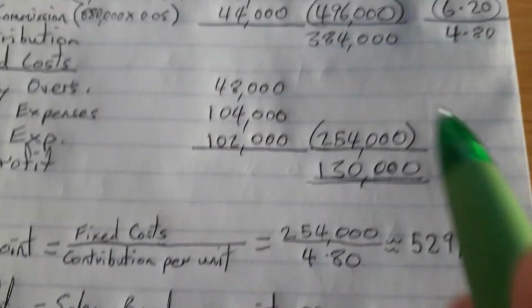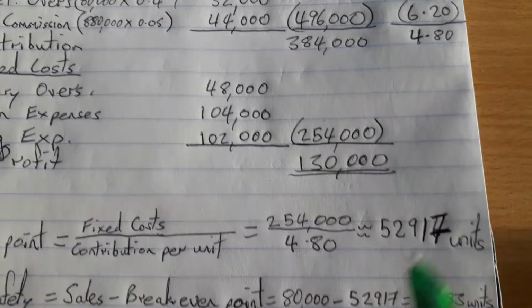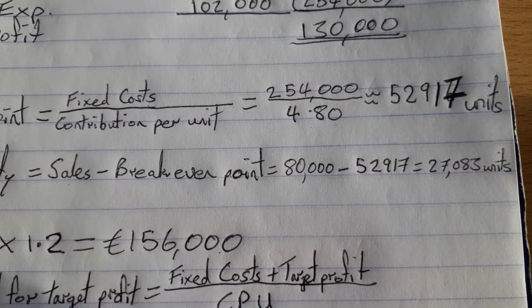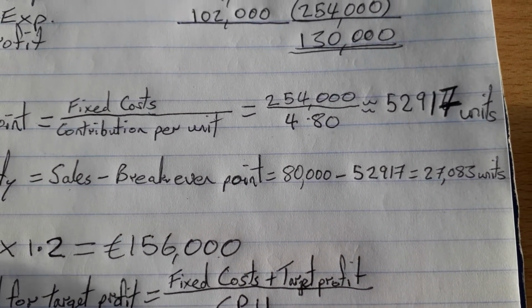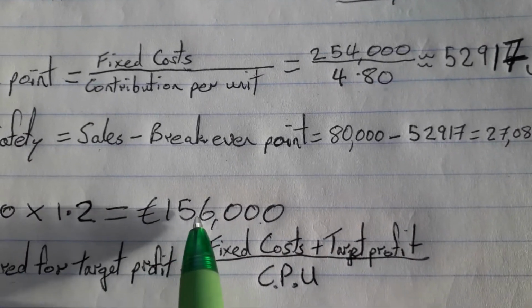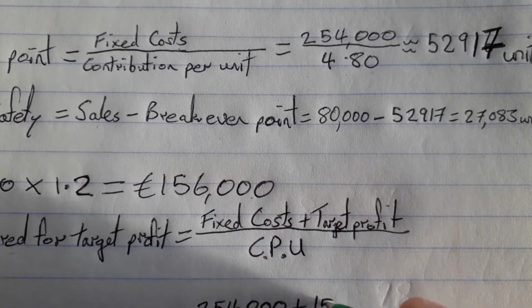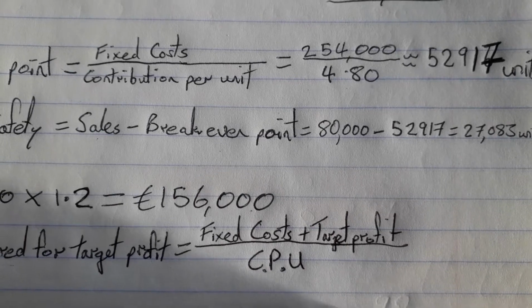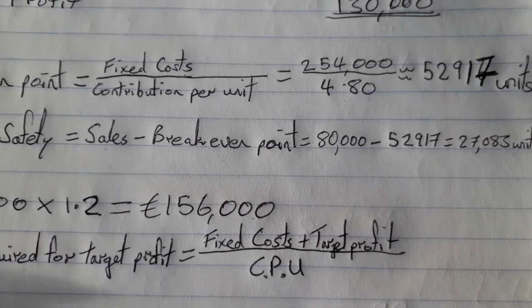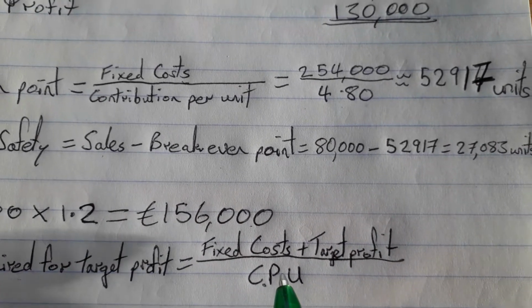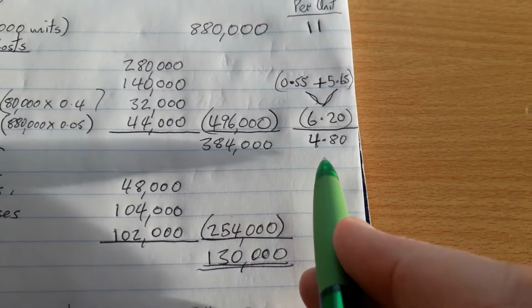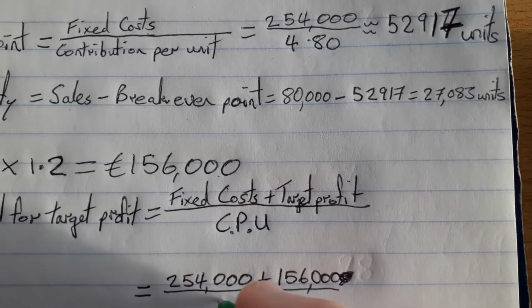So fixed costs, again, total fixed costs were 254,000, plus the target profit we want is 156,000, divided by our contribution per unit again is 480 from our marginal costing statement above.